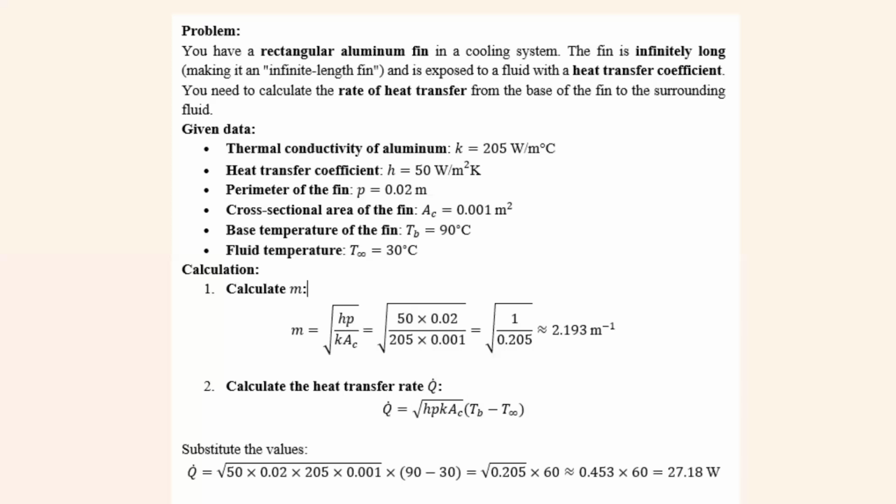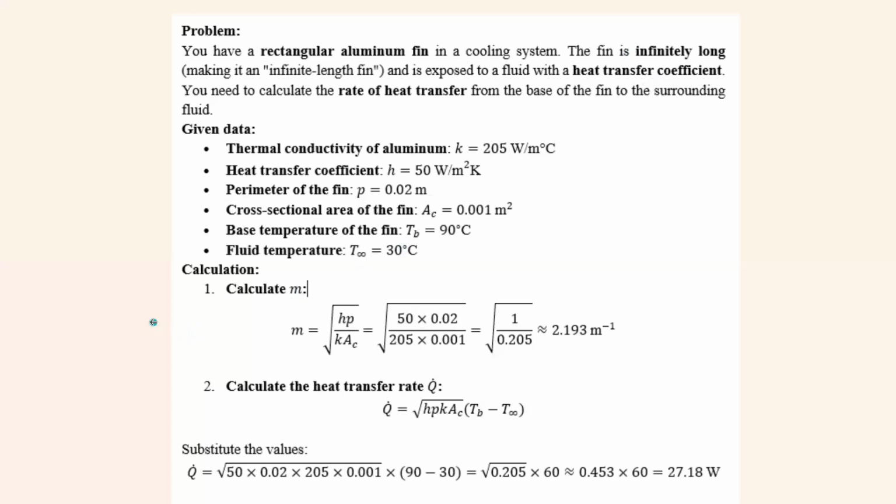The data given are the thermal conductivity of the aluminum, which is 205 watts per meter Celsius degree, the heat transfer coefficient, the perimeter of the fin, the cross-sectional area of the fin, the base temperature of the fin, and the fluid temperature.